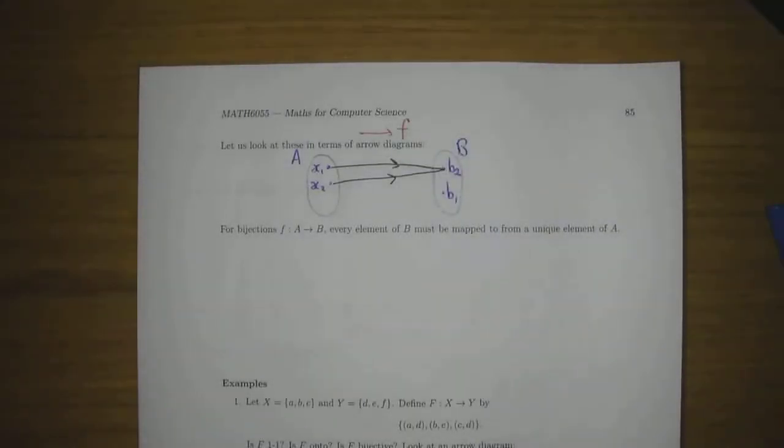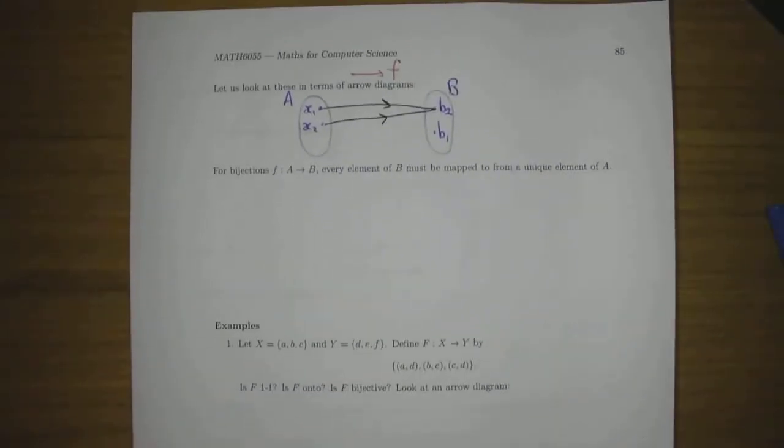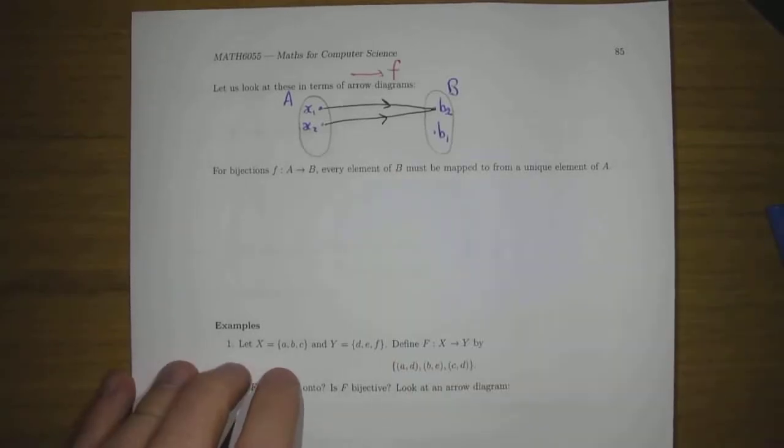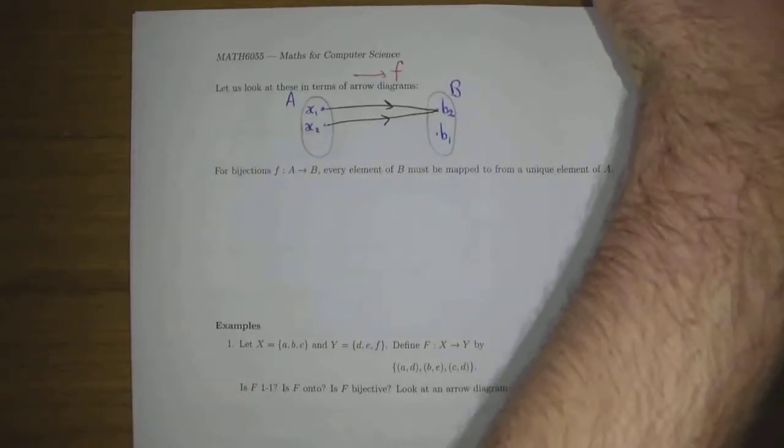Okay. For bijections, every element of B must be mapped to from a unique element of A. So I think what it means is, there's probably different ways I can do this. Maybe draw a graph.